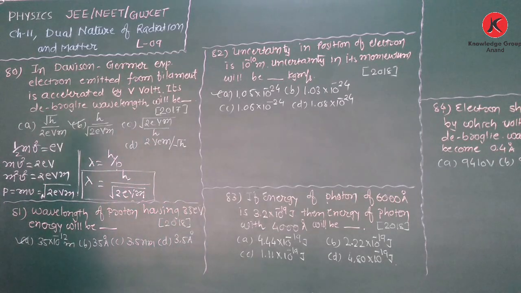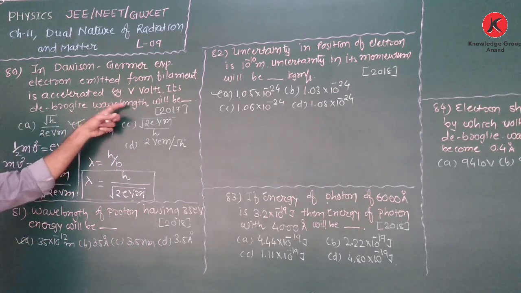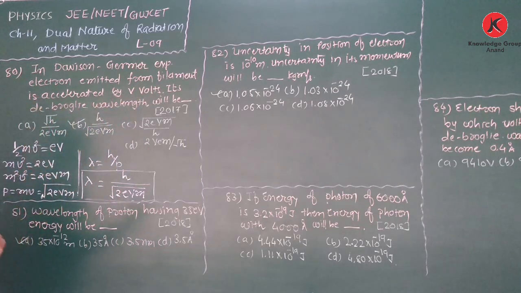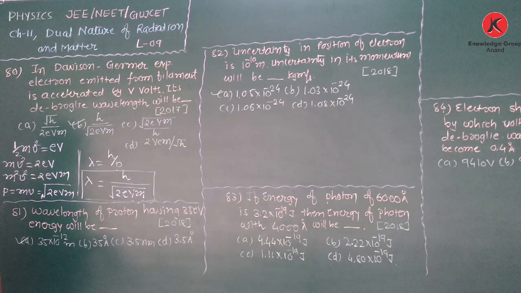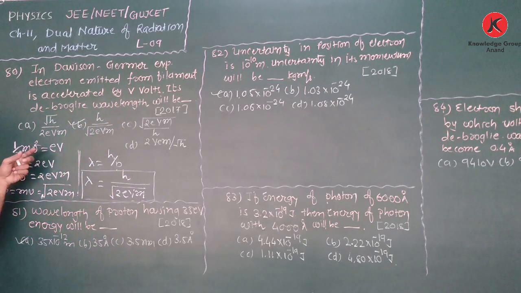Again, we want to state the equation of the de Broglie wavelength of the electron emitted by the filament and accelerated by the V voltage. The kinetic energy of the electron, half m v squared, is equal to e V. Taking 2 to this side, m v squared is equal to 2eV.